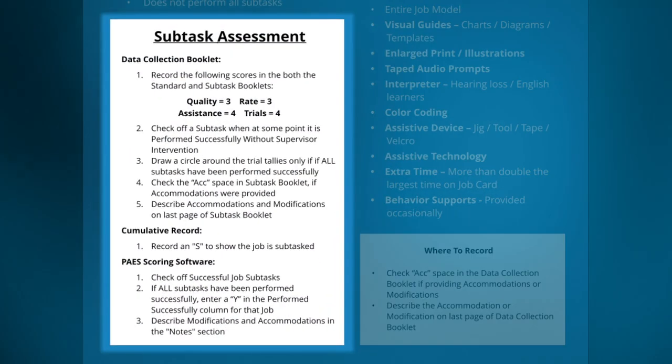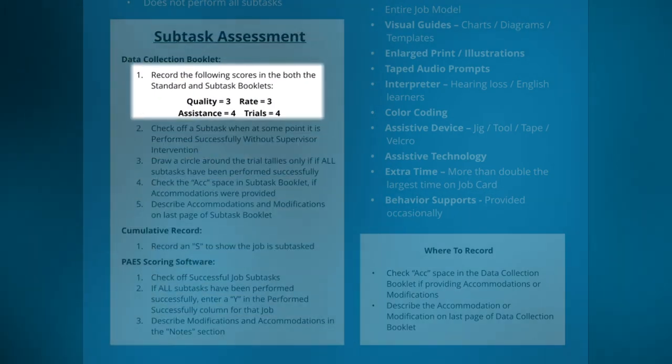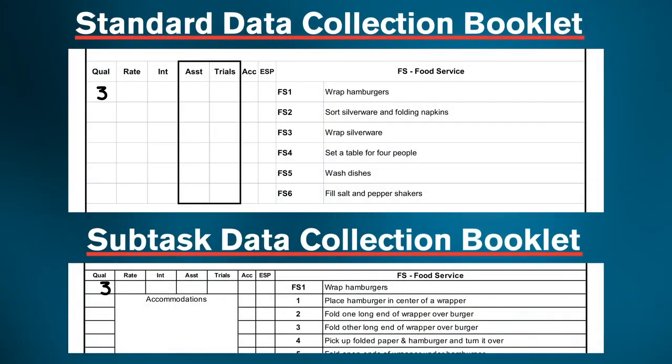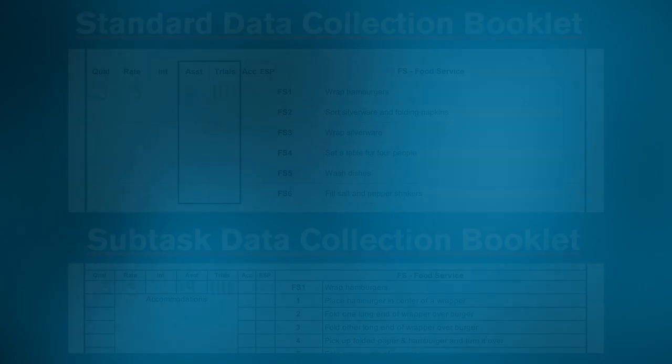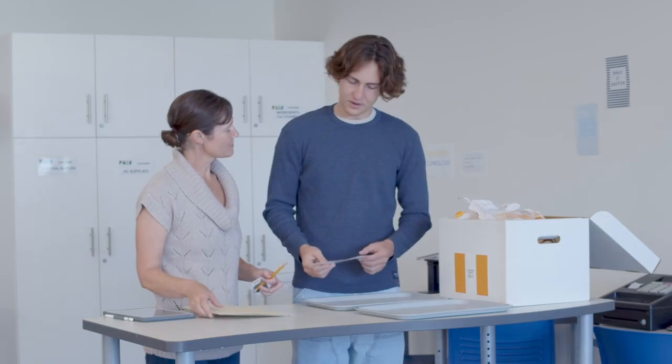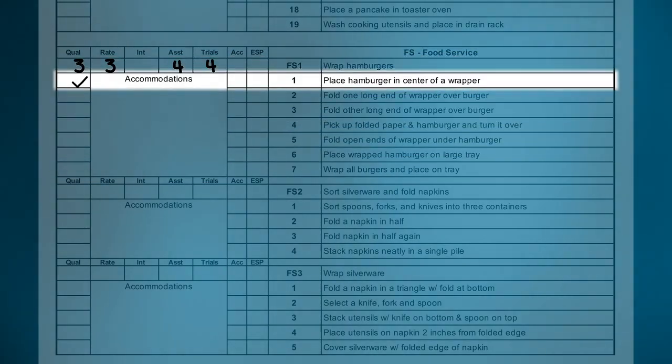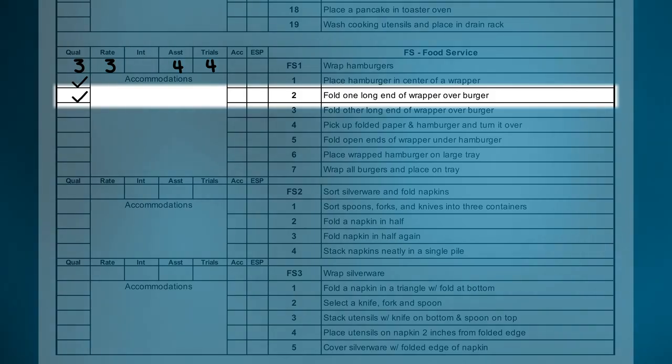First, mark the following scores in both the standard and subtask booklets: Quality 3, Rate 3, Assistance 4, and Trials 4. Second, ask the employee to perform the job, and mark a subtask completed if it is performed successfully in response to a verbal prompt.